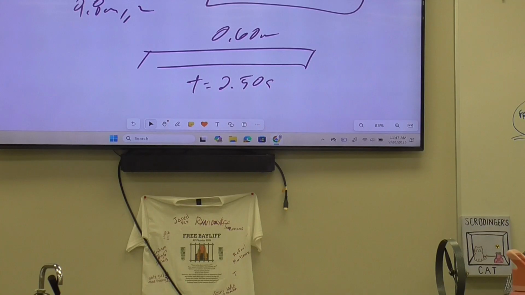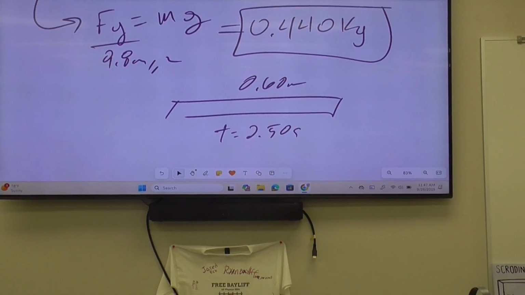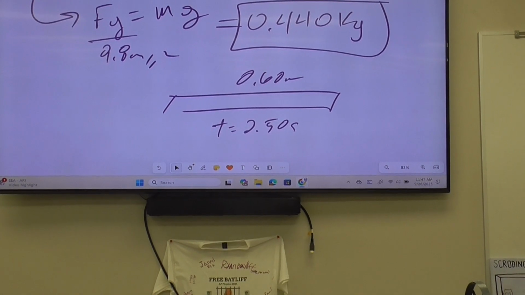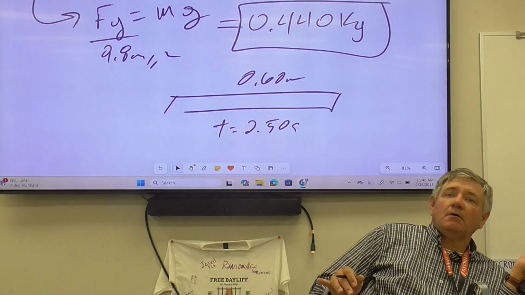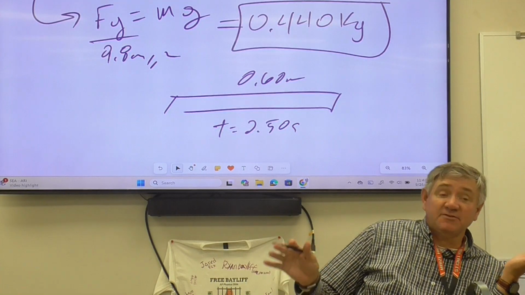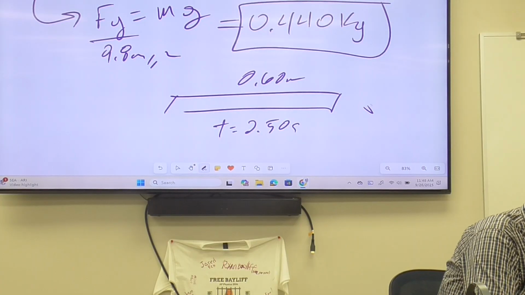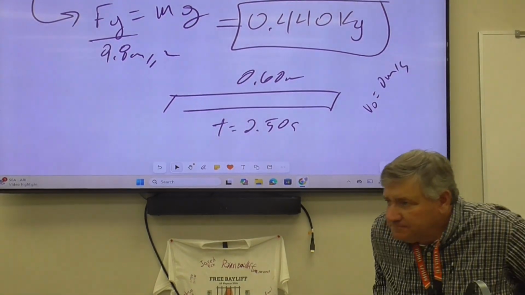So if you see any accelerated motion, what do you not do? Distance divided by time. I can't take meters and divide it by seconds. But what else do I know? The initial velocity, which is 0. That's kind of cool, right?